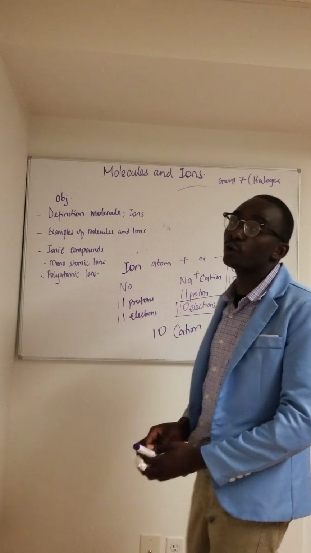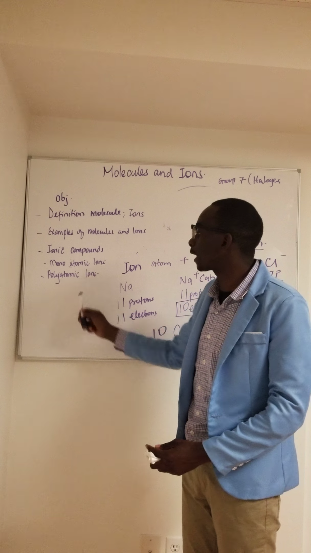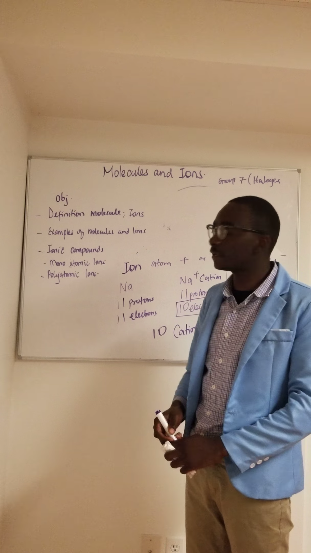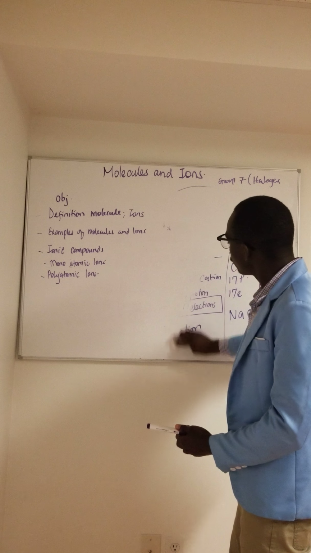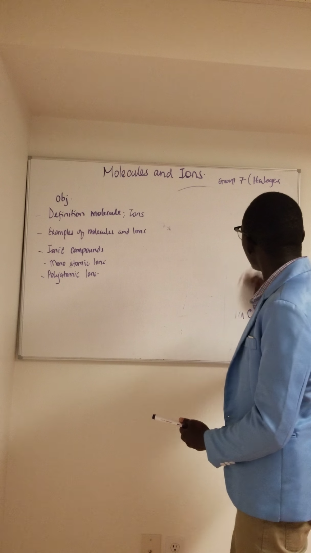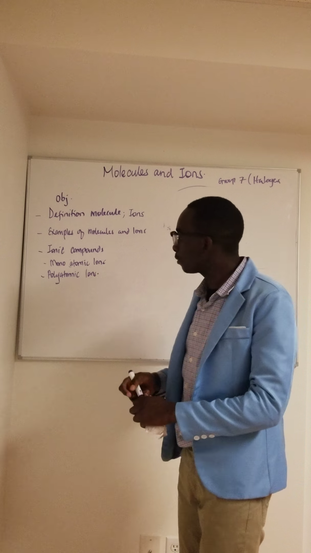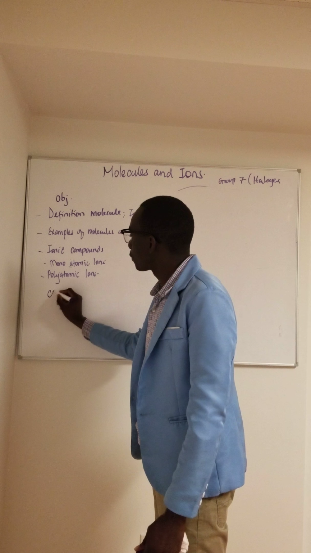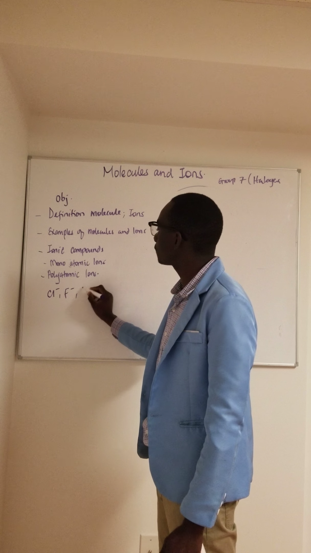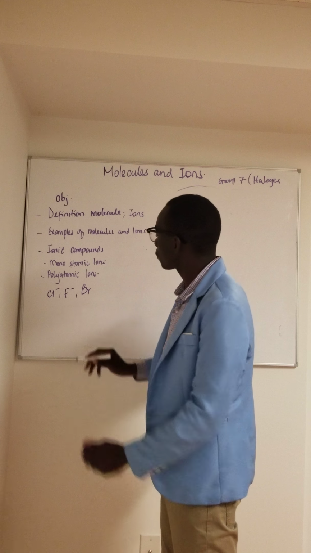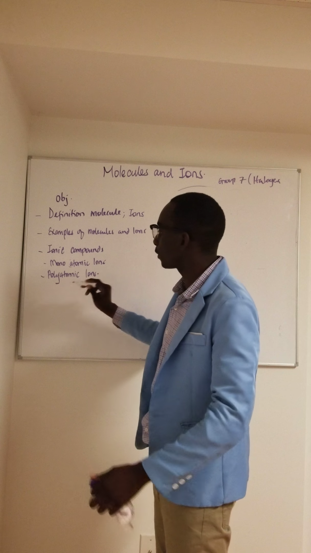In chemistry, you're going to come across a bunch of other anions called polyatomic ions, and these are quite many. I'm going to list a few of them, and what you really need to know is their oxidation state or oxidation number. Sorry, Cl minus, F minus, and Br minus are monoatomic. Let me first list the polyatomic ones.